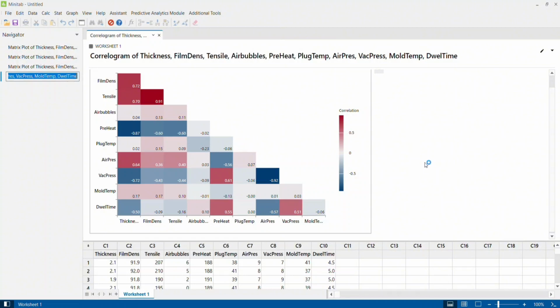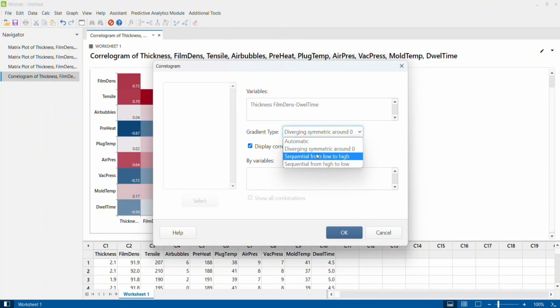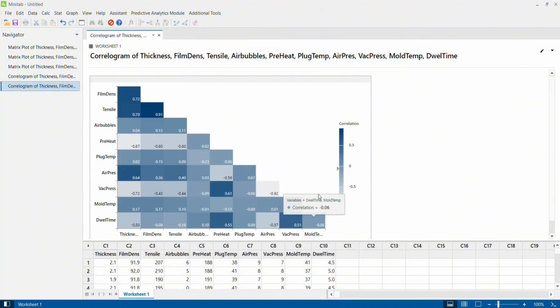That is possible. As I told you, let me show you how this option changes. Instead of selecting diverging symmetric around 0, if I select sequential low to high, the graph looks something like this, which is relatively difficult to make a decision from, because as it gets more and more light white, or more and more light blue, it becomes a negative correlation.